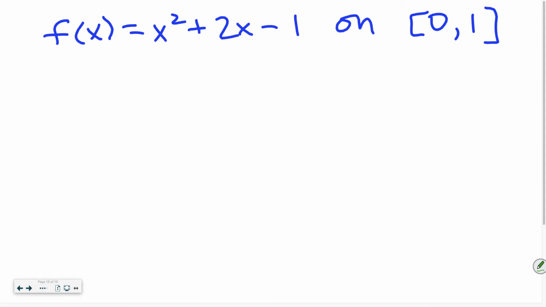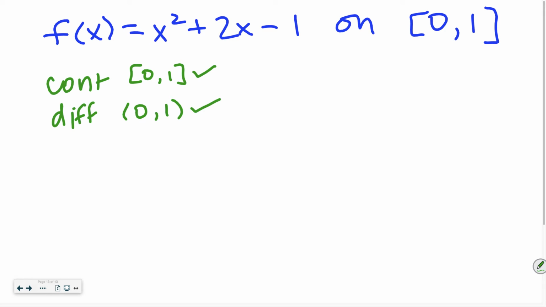Okay, so this is polynomial. That makes it easy, right? Are we continuous and differentiable? Then what do we do? Okay.